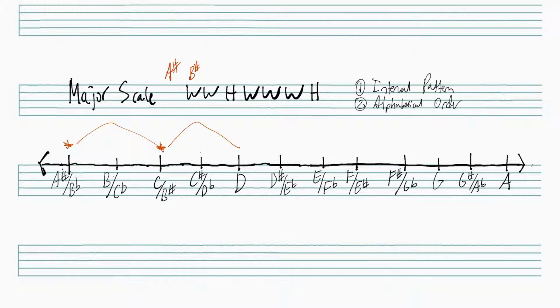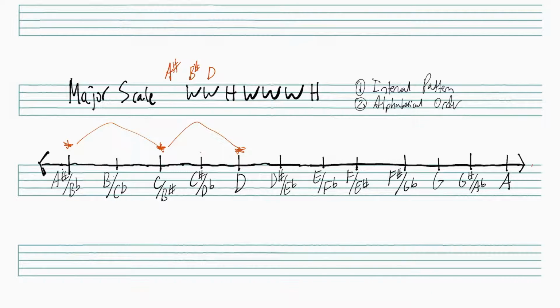We have to leap all the way to D. Well, there's no enharmonic equivalent for D, and so therefore that would be our only choice for the whole step. And as far as the proper spelling of major scales, that breaks the rule of alphabetical order. So right there, we really can't continue.